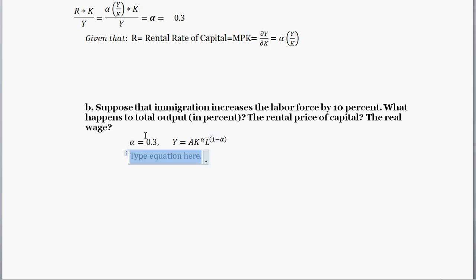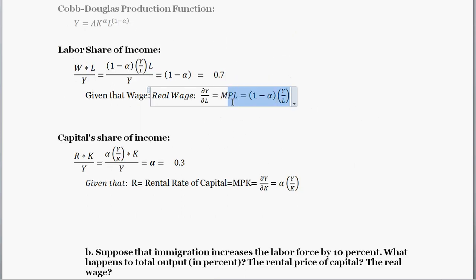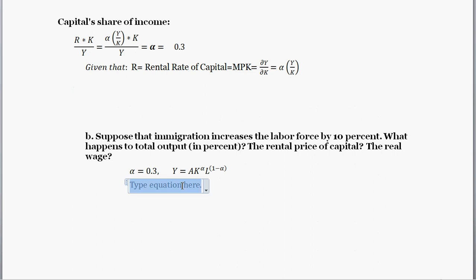We also know a couple things. Initially, for example, labor share, the marginal product of labor was this guy over here. Initially, the marginal product of labor was this. I'm adding a little subscript, MPL sub naught, to show the first version was equal to 0.7 times this. And then initially, the marginal product of capital was this.